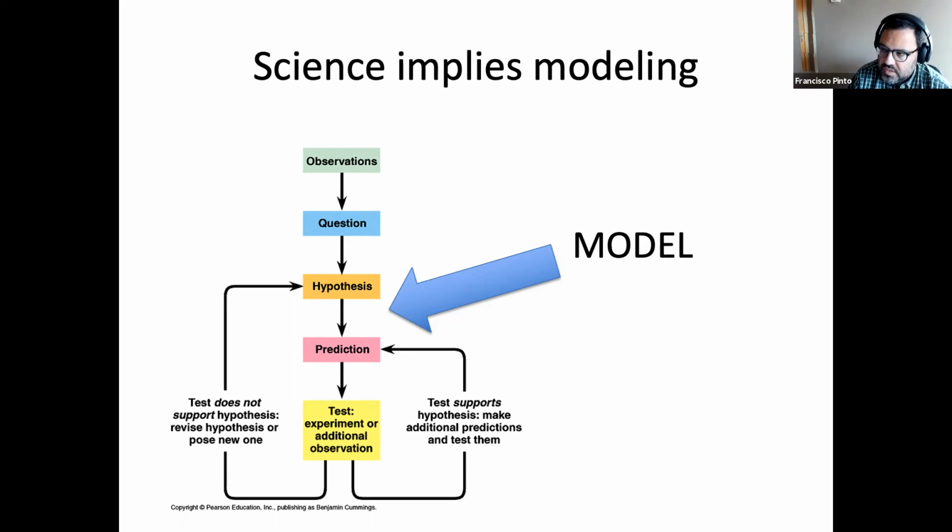Then you make predictions and then test those predictions. So in order to design experiments, to validate or to test some hypotheses you have about the system, you have to have a model, and that model is based on those hypotheses that you have about the system.